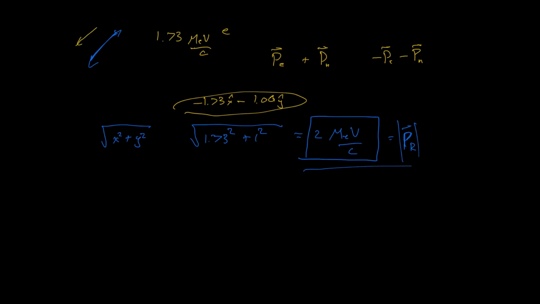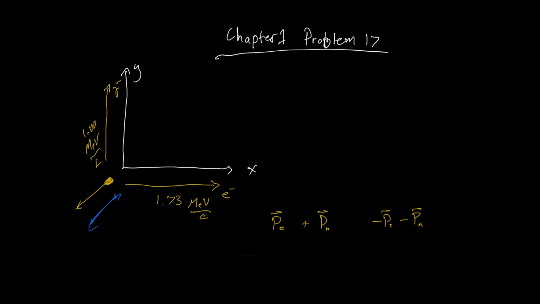Okay, so now we need to find out what direction it is. If we go back up to our graph, I'll highlight it in green. It's this. If it were going this way, it really doesn't matter which way you choose because we're going to do the same operation. Then our x is going to be this electron, which is 1.73, and our y is going to be the neutrino, which is 1. And this is the angle we want to know.